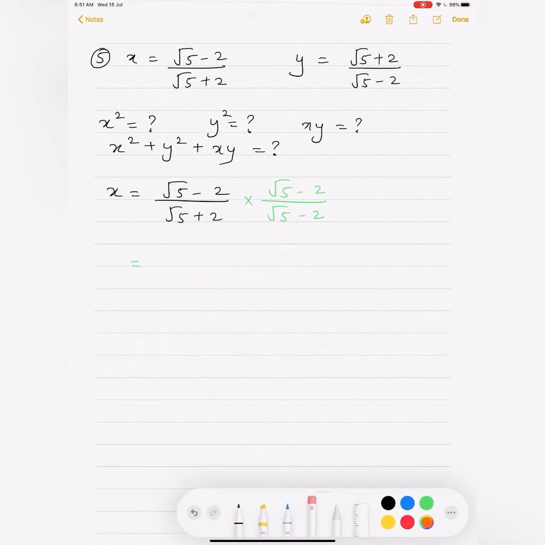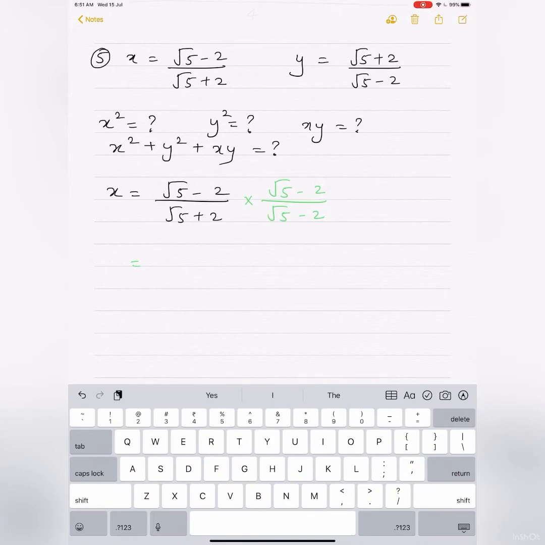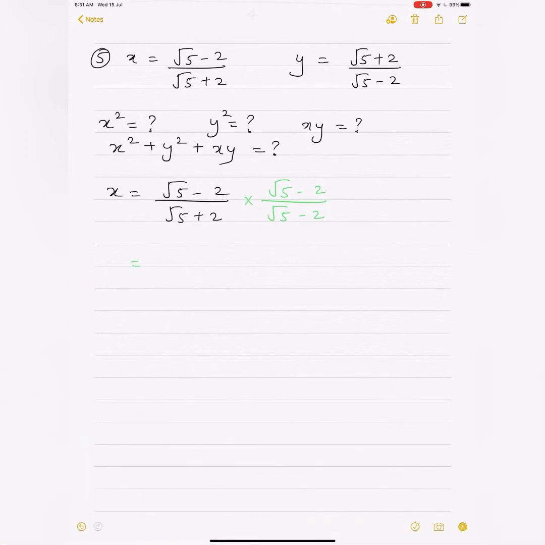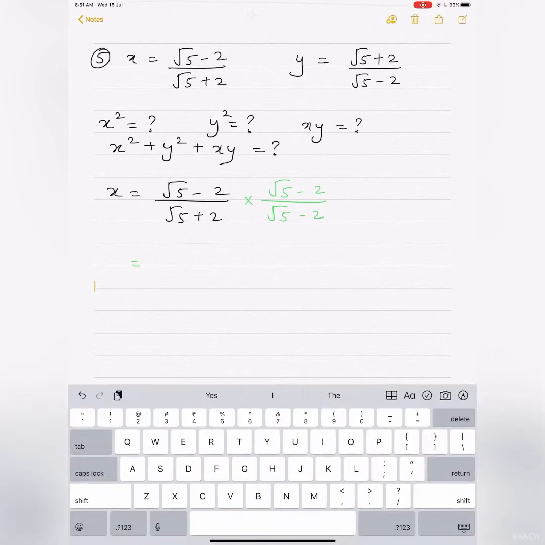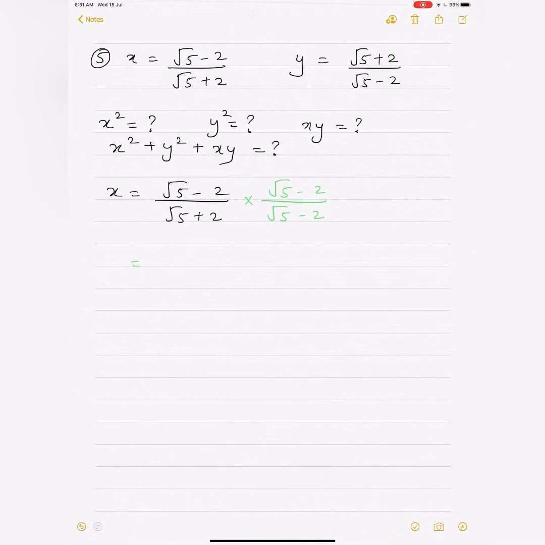We will get root 5 minus 2 the whole square divided by root 5 whole square minus 2 square.